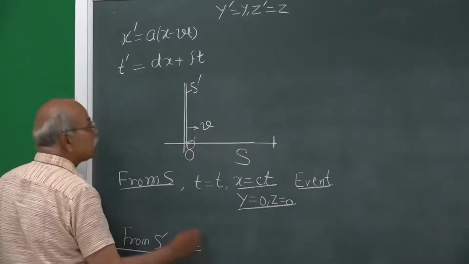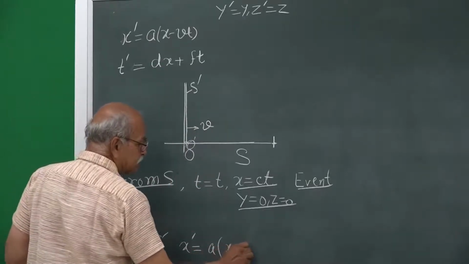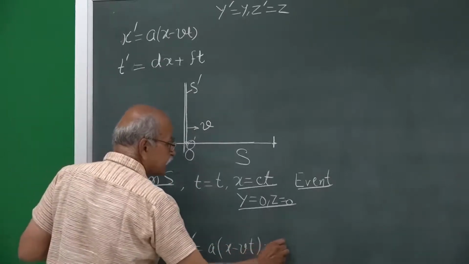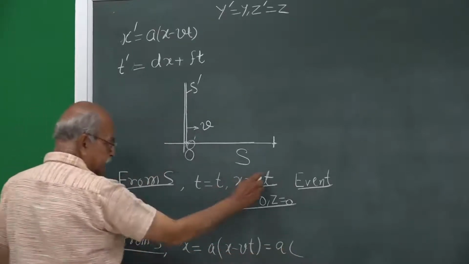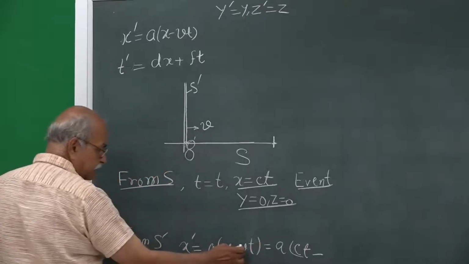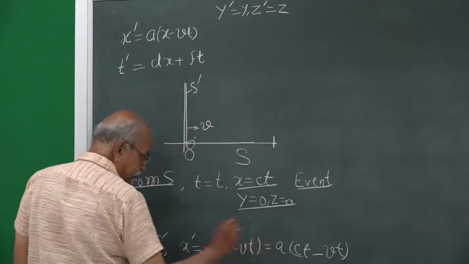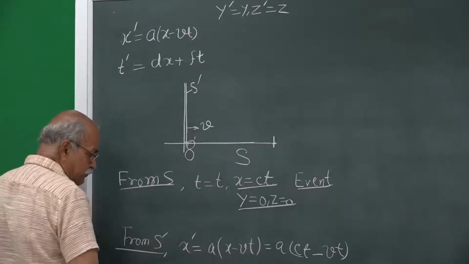So, what is x prime? x prime is a times x minus v t, that is a times c t minus v t. And what is t prime?